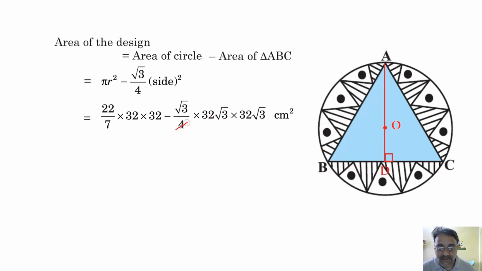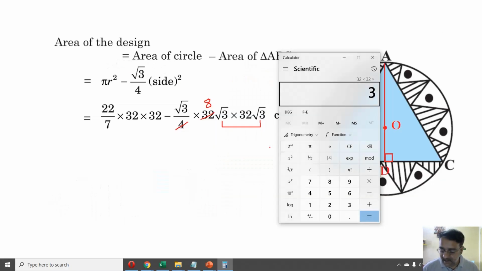This 4 will be cancelled with this one. Okay, we'll get 8. So root 3 into root 3, 3 हो जाएगा. So 8 into 32 into 3. So we'll get 768 root 3.